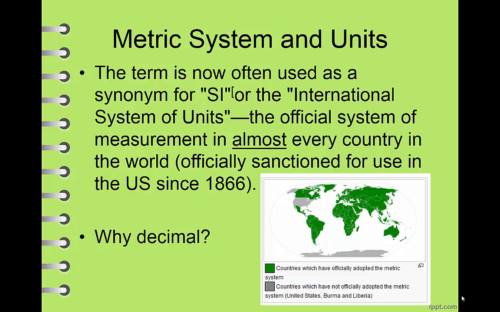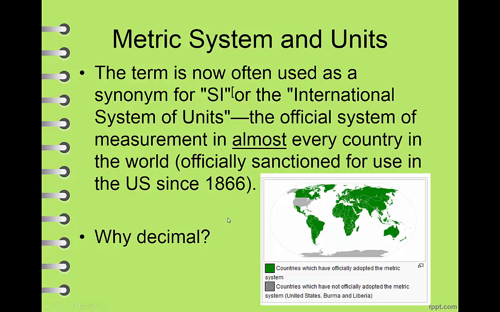Okay. Now, it was officially sanctioned for use in the U.S. in 1866, and there have been various movements to push for adoption of that in the U.S., but it's never really taken hold. But it puts us really behind the rest of the world. If you look at this globe right here, at this map, you'll see the countries in green are those that officially use the metric system.